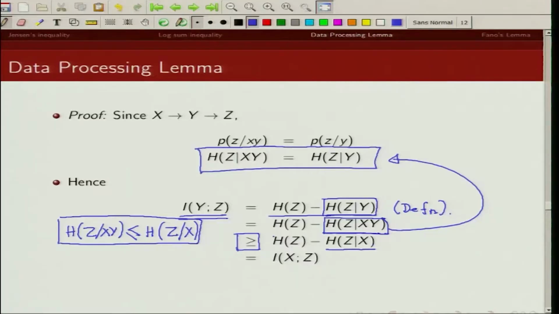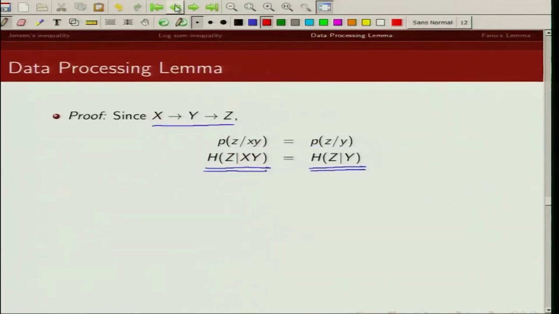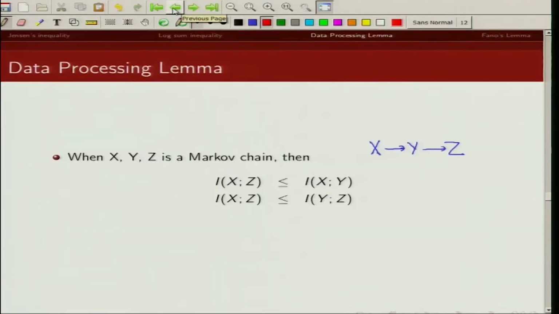Okay, and what is this term? Uncertainty in Z minus uncertainty in Z given X, that is, from the definition, the mutual information between X and Z. So what I have shown you is that mutual information between X and Z is less than or equal to mutual information between Y and Z, when X, Y and Z form a Markov chain. So I have proved this result.